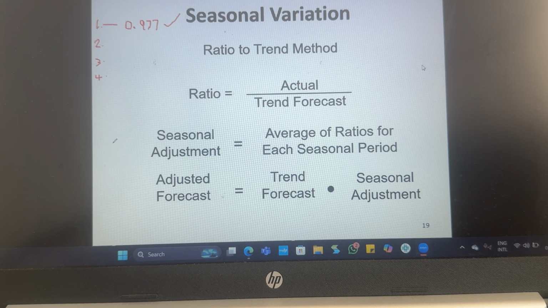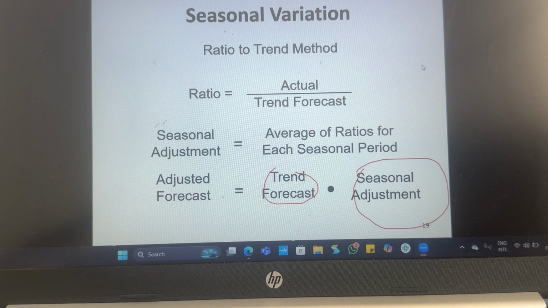Okay, so I will go ahead with my calculation because there is no point in wasting time. So after getting the seasonal adjustment, this is how you can adjust the trend forecasted value for seasonal variation. You need to multiply the trend forecasted value by the seasonal adjustment, right?